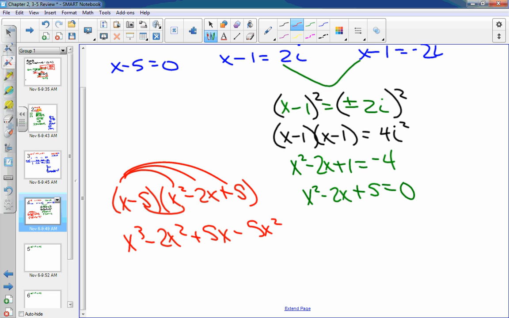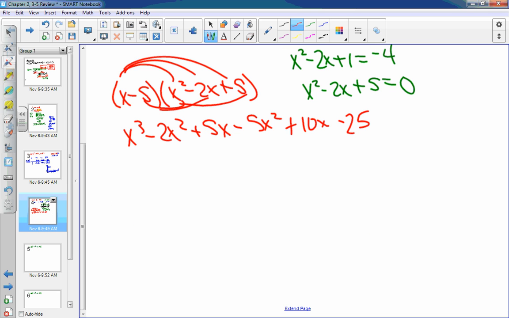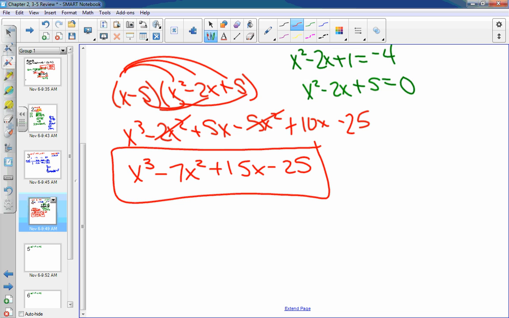Minus 5x squared plus 10x minus 25. Combine like terms, that gives me x cubed minus 7x squared plus 15x minus 25.